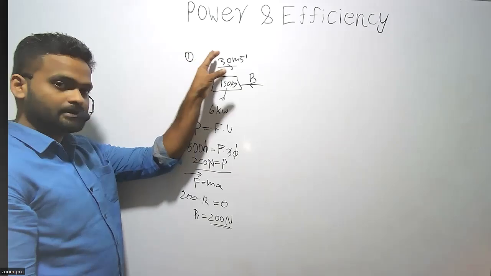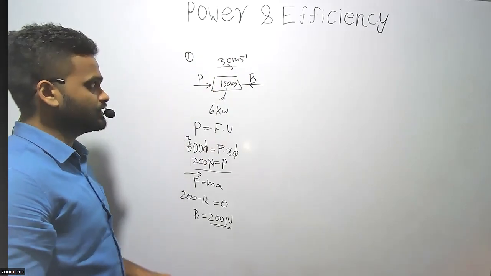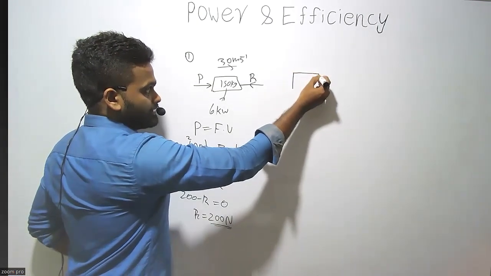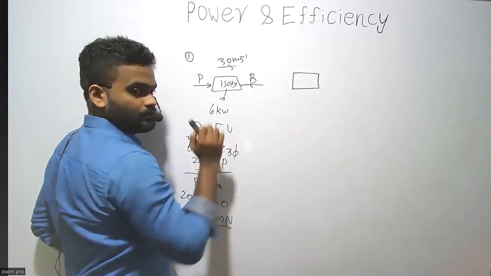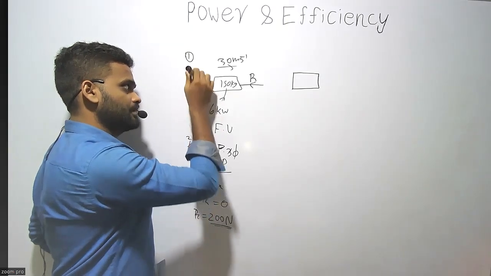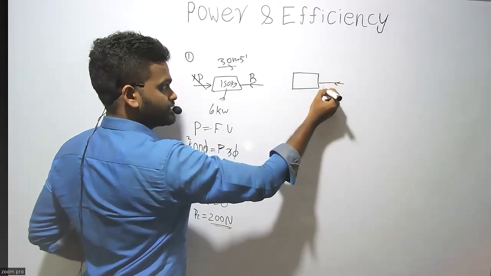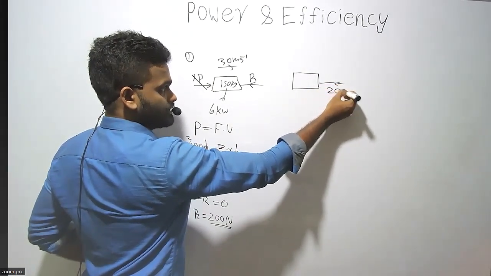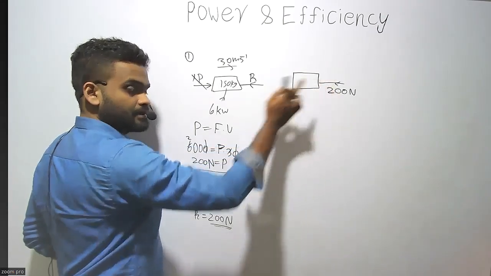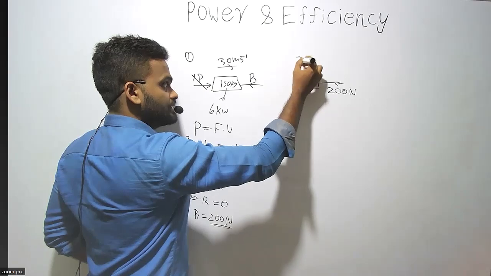The boat is still moving at constant speed. Okay. Then what happens? The engine is switched off. Engine is switched off means this P driving force gets removed. Now it only has a resistive force of 200 Newton at this moment. They say that resistive force remains constant. And it has a velocity 30 meters per second.